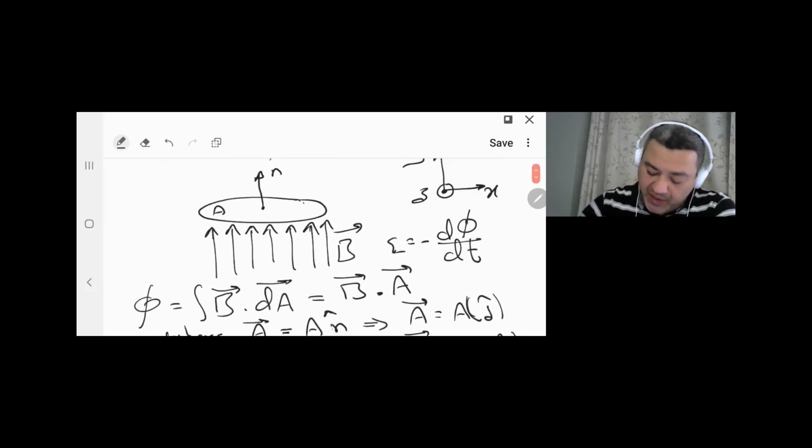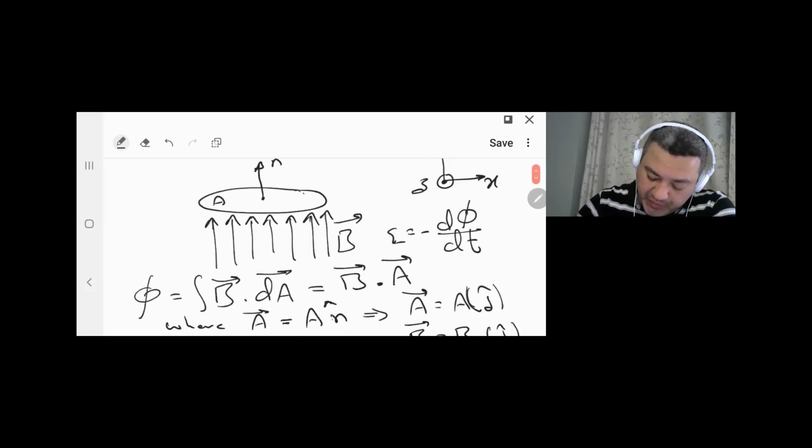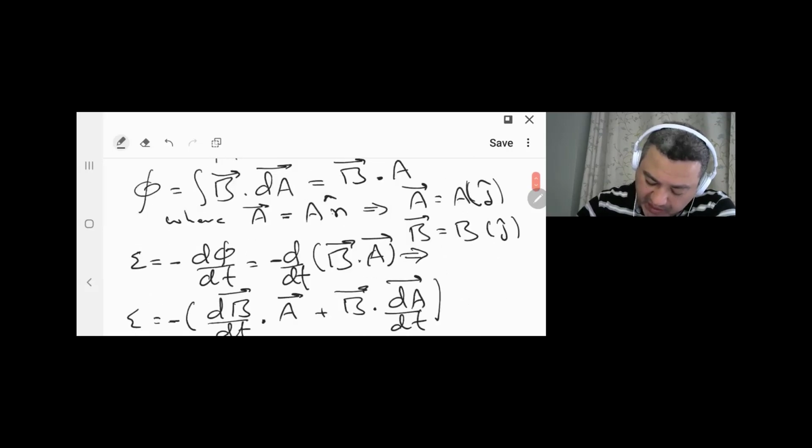This means if I am to look from this way in the direction of the minus z, if I am to look from the direction of the positive z toward the minus z, what would I see?